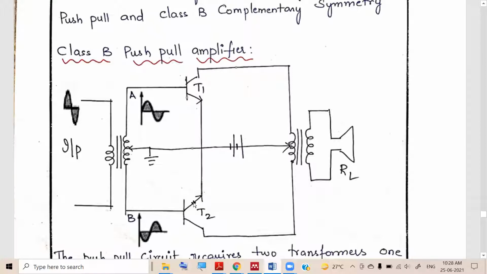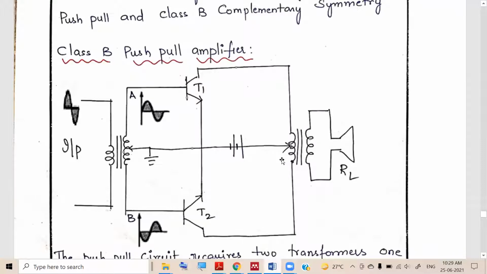See here, we are generating a signal B which is opposite to signal A. The signal at point B is the negative of the signal at point A. To get that, we are using the center tap transformer at the input side, and of course, the center tap transformer at the output side to combine the conduction signals from T1 and T2.